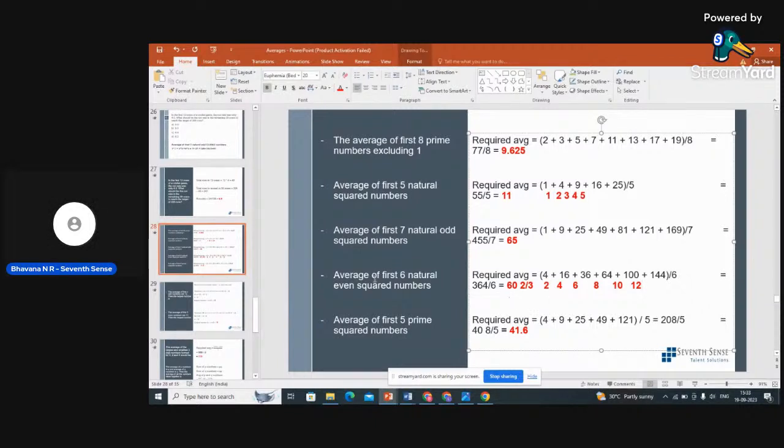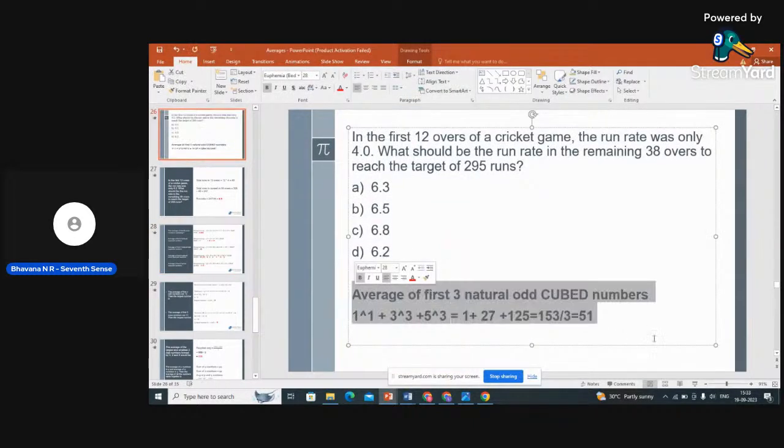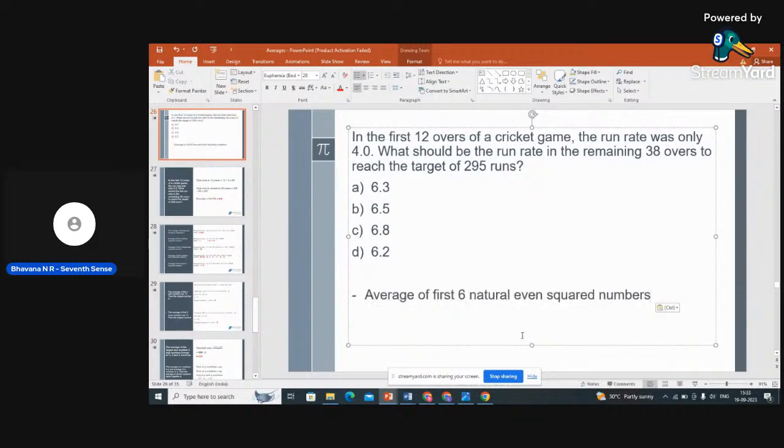Okay. Now we have to do it for the cubed numbers. So do it for the first four natural even cubed numbers. That means 2 cube, 4 cube, 6 cube, and 8 cube.